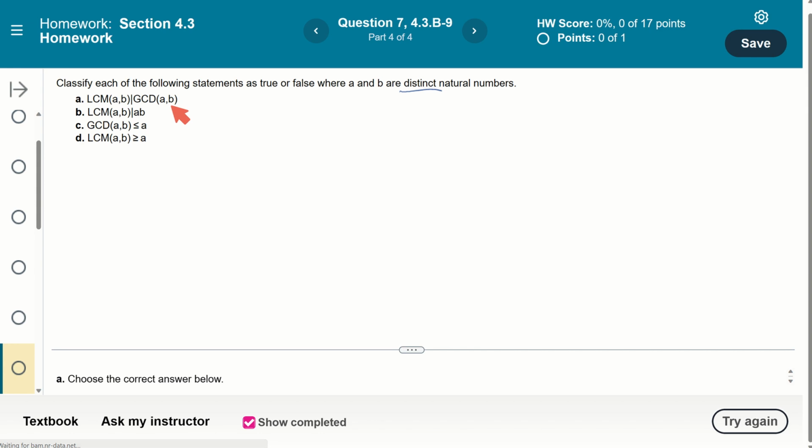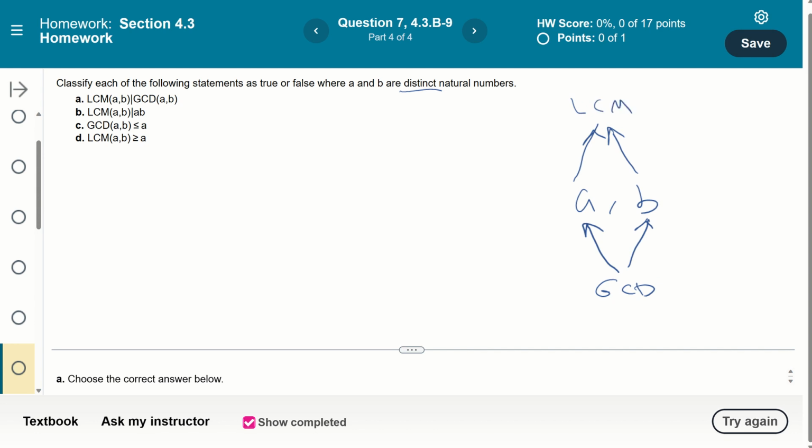Now, if you remember, we have two numbers A and B, and the GCD is the greatest number that goes into both of them, and the LCM is the smallest number that they both go into, right?